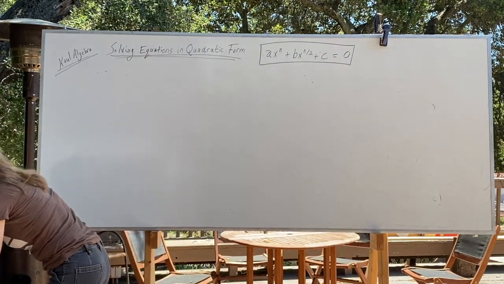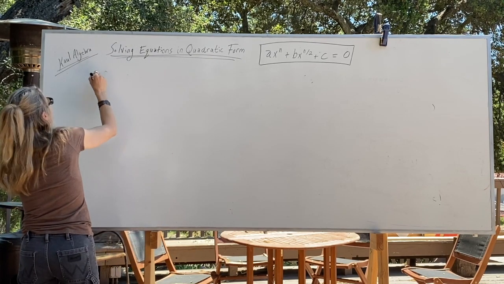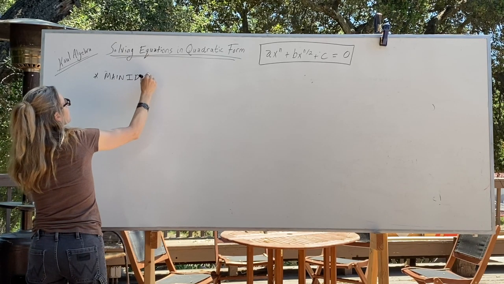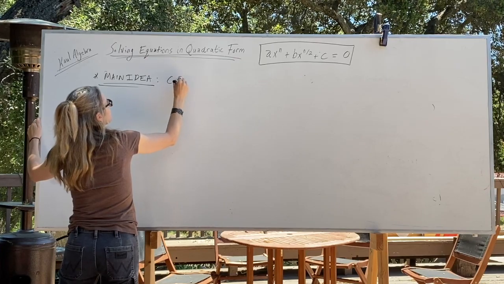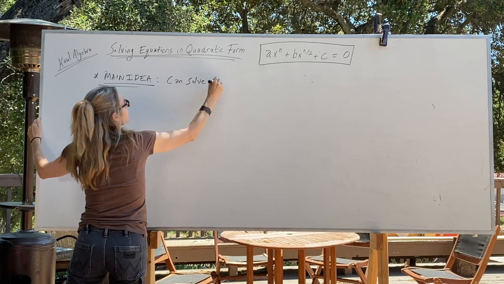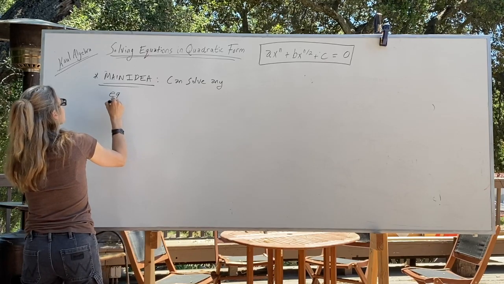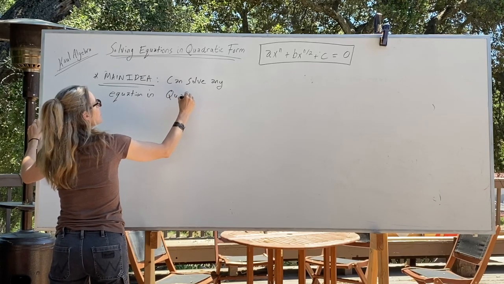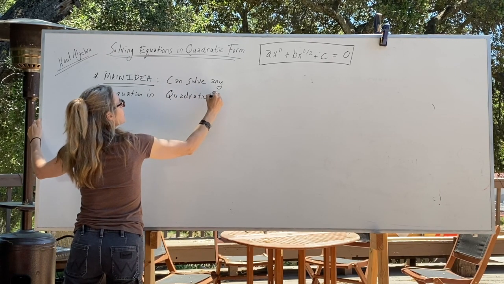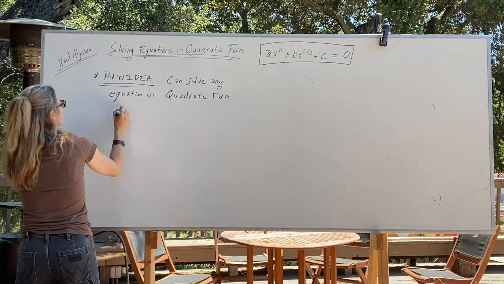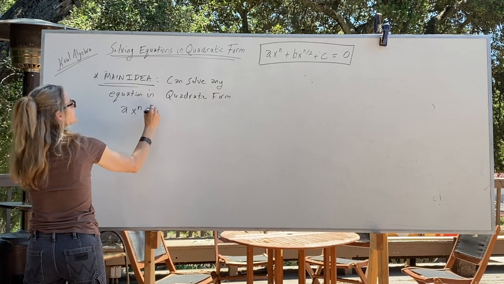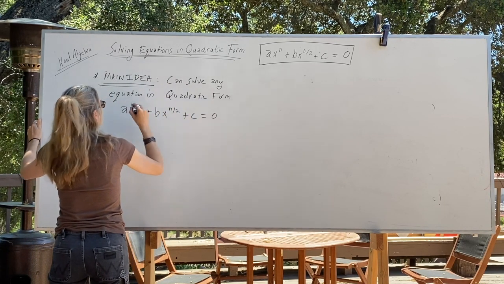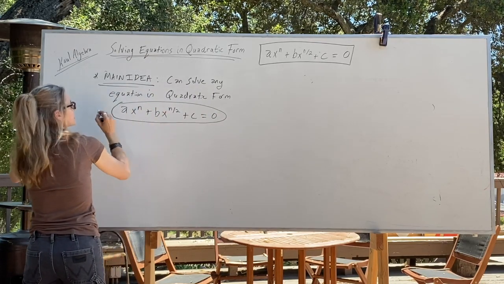So the idea here is that you can solve any equation in what we call quadratic form, which is ax to the nth power plus bx to the n divided by 2 plus c equals 0. So here we have something in quadratic form.